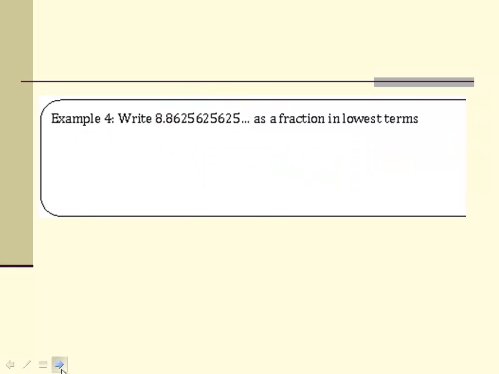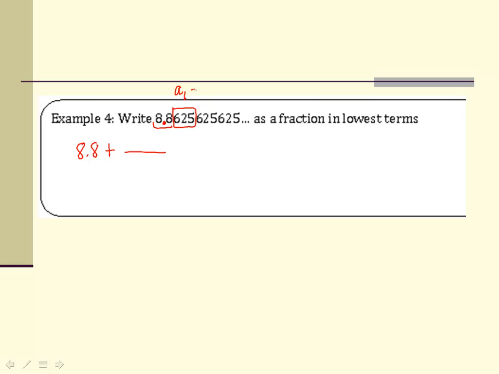Now, this one I want to talk about too, because it's slightly different. If you notice, where is our repeat? Our repeat is this 625, right? So I have to include this somehow. What I'm going to do is start with my 8.8, and then add it to whatever repeat I start with. Now, your repeat always has to start with the decimal point.